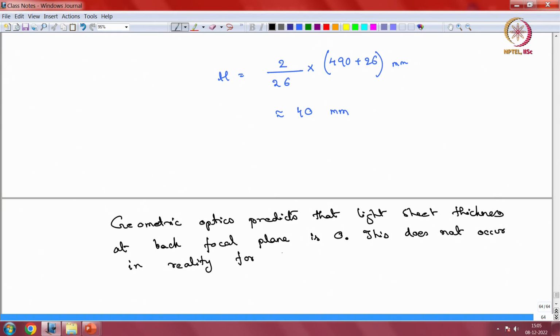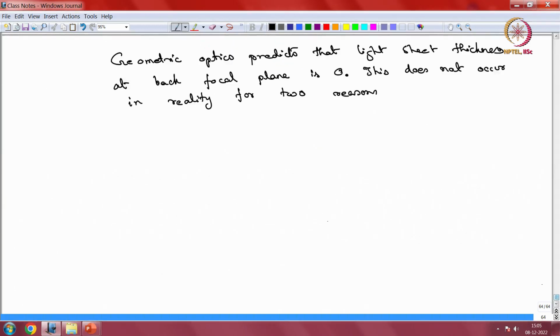For two reasons. One being diffraction of light. At these very small length scales, how light is being bent has to be understood through the perspective of light diffraction, and that says that light cannot be focused onto an ideal point.